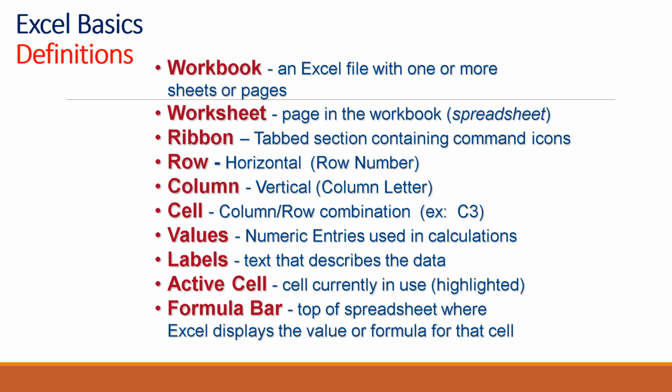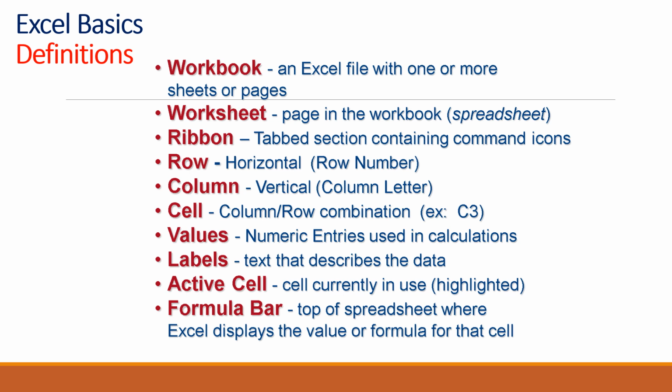Now, as a recap of what we have seen under the Excel basics, here is a list of some Excel definitions. We have workbook, which is an Excel file with one or more Excel worksheets or pages. Then we have the worksheet itself, which is a page in the workbook. Then we have the ribbon, which is the tabbed section containing commands and icons.